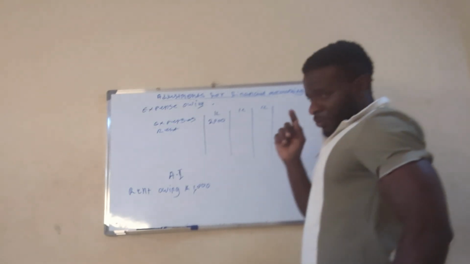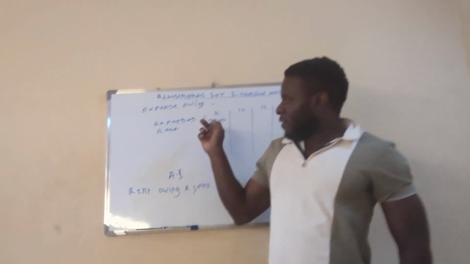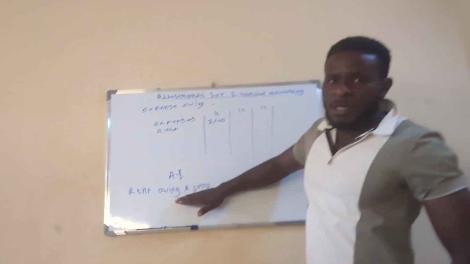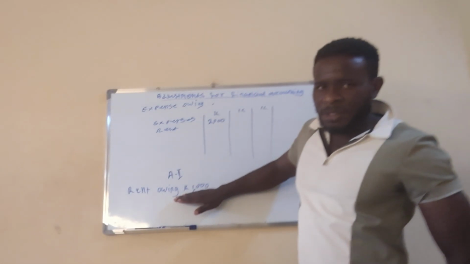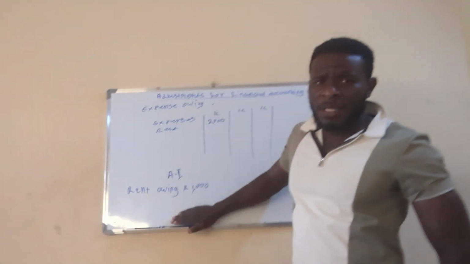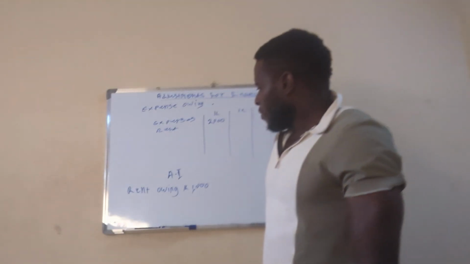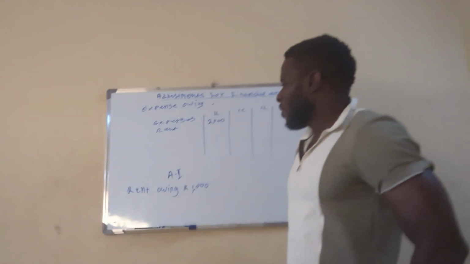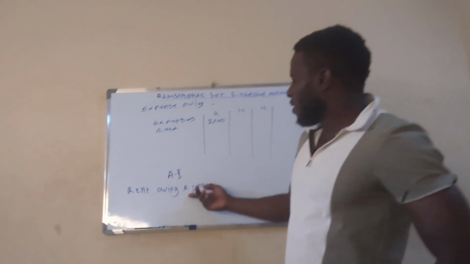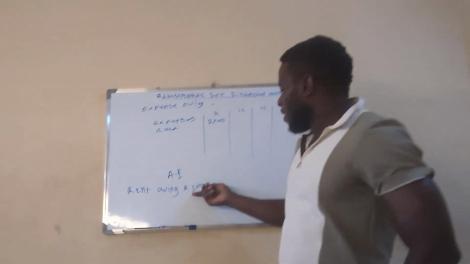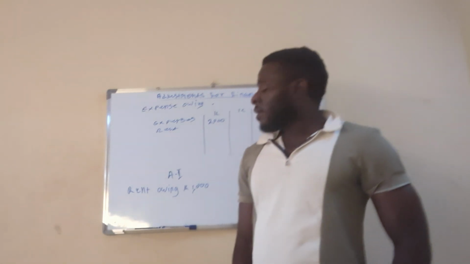So instead of paying this 2,000, you paid 1,000 kwacha, according to the additional information. So you are owing this firm or this person 1,000 kwacha.